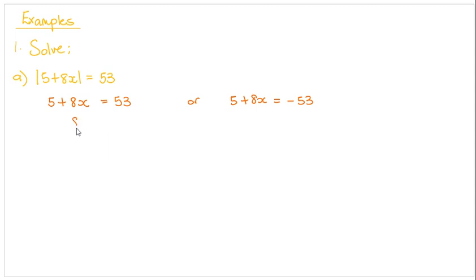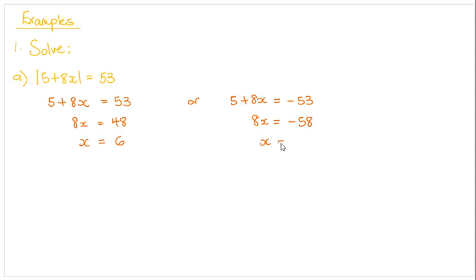This is 8x equals 53 minus 5. That would be 48. And then x is equal to 48 divided by 8. That's 6. And so we get a value for x as 6. For the second equation, 8x is equal to negative 53 minus 5, which is negative 58.